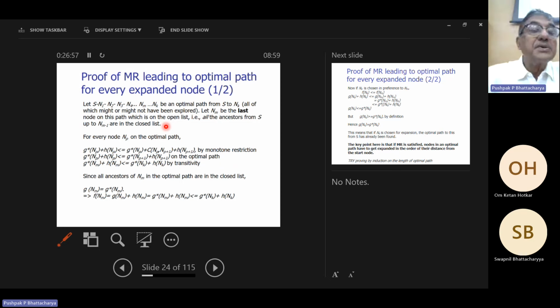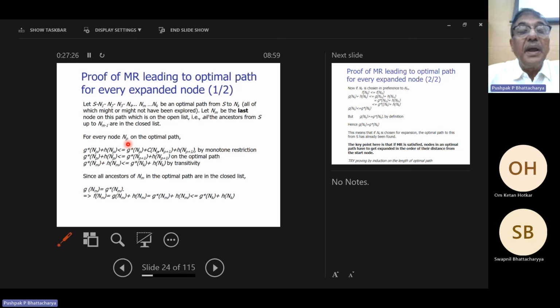Go through the proof. Again, we start with the optimal path. Let S, n1, n2 up to nm, nk be an optimal path from S to nk, all of which might or might not have been explored. Let nm be the last node on this path which is on the open list. That is, all the ancestors from S up to nm minus 1 are in the closed list.